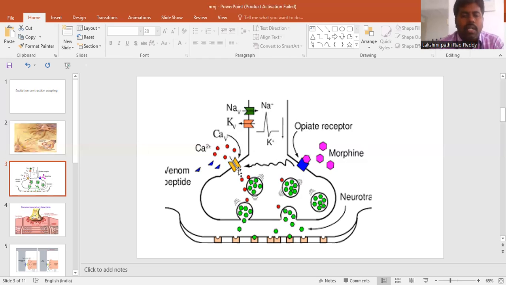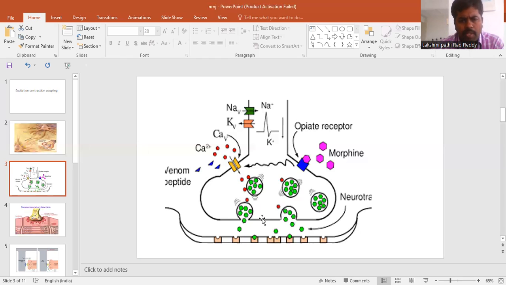The first thing they do is bind with the vesicles present at the terminal buttons and carry the vesicles to the surface, to the peripheral side.